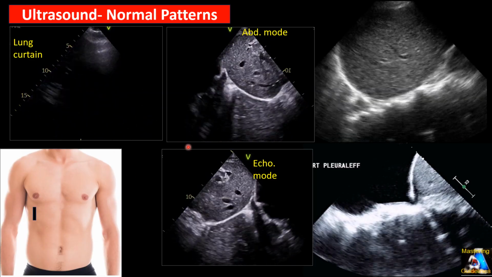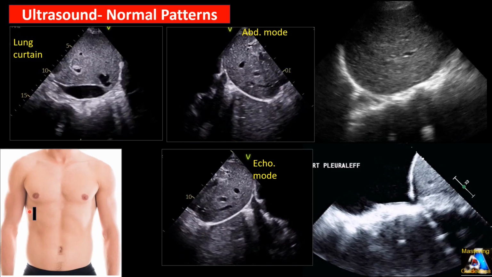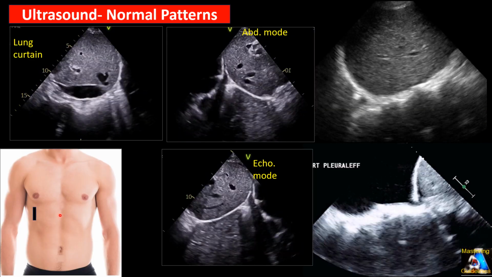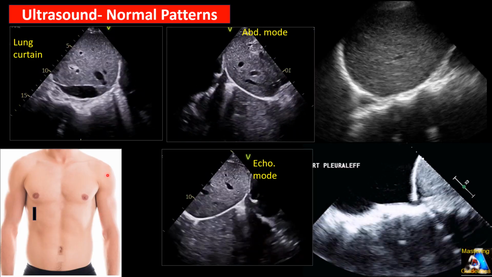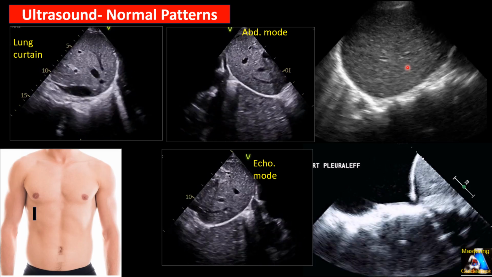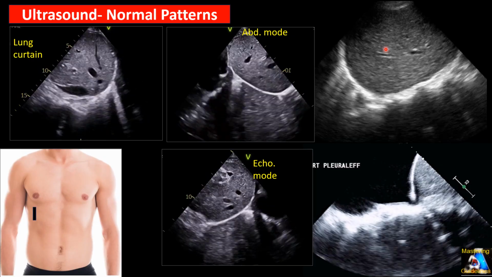When we scan laterally, especially pointing medially at the lower part, left or right, we normally use the liver or spleen as a window, and the sound can travel.